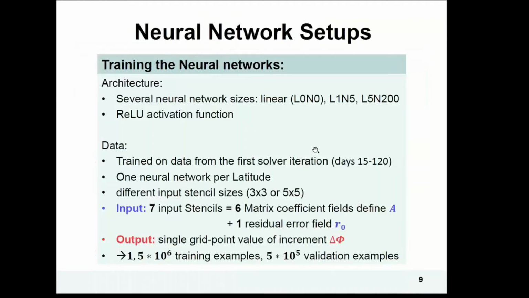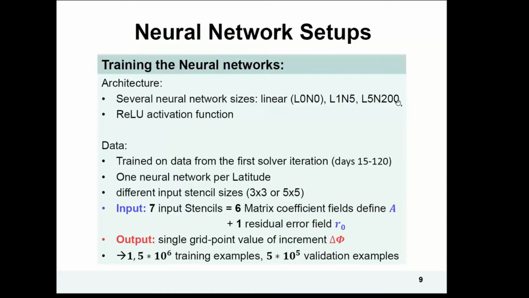And our neural network setup, or our machine learning setup, is that we use 3 different machine learning techniques. So the first one is simply a linear regression. The second one is a neural network, fully connected with 1 hidden layer and 5 neurons in that layer.